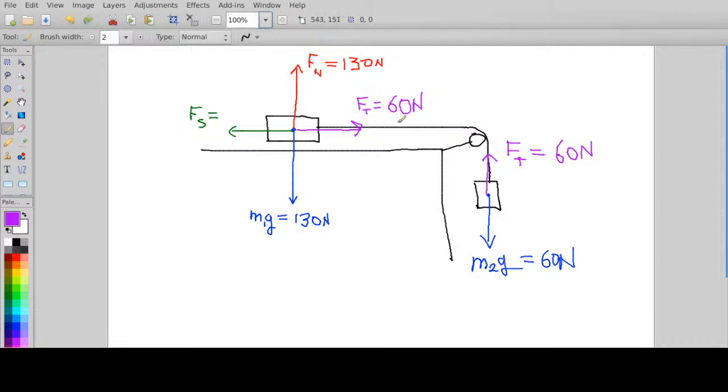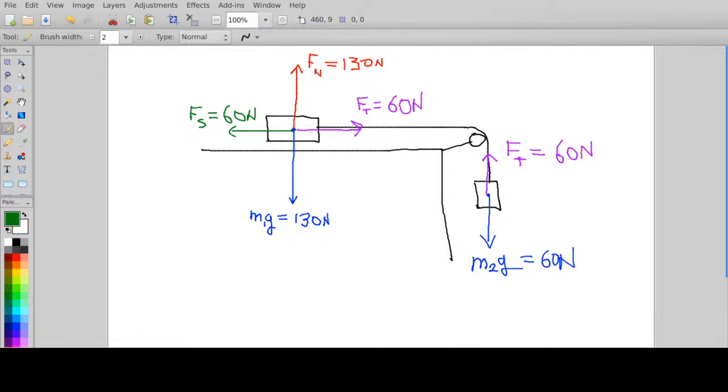It's not accelerating to the right or to the left, and so Fs is equal to 60 newtons. And so that, I think you would agree, is a lot easier because you've got all the forces, okay? And you never had to solve these two equations in two unknowns, all right? Okay, so we've got all the forces for the 6 kilogram.